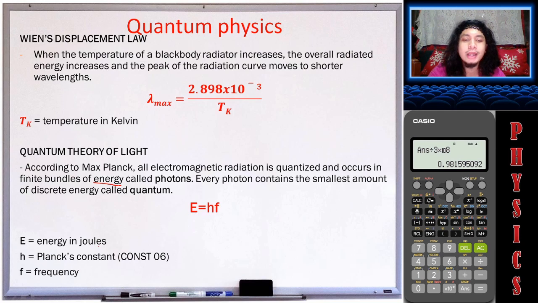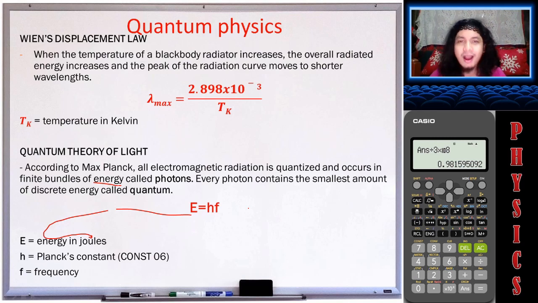Ang makukuha natin dyan na energy is in joules, and of course we expect electron volt yung gustong makuha. Tapos yung frequency sometimes hindi given. Ang given ay wavelength. Alam naman natin frequency is equal to c all over wavelength. So doesn't matter, makukuha pa rin natin kahit anong mangyari.